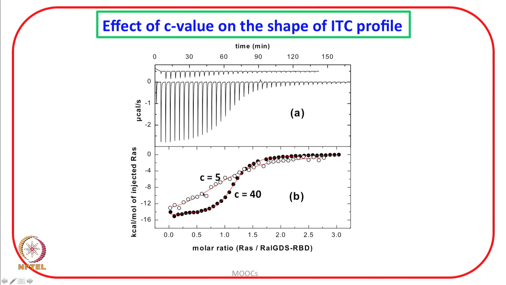So, we can clearly see the effect of increasing the value of C. But increasing the value of C comes at a cost. And what is that cost? That cost is the concentration of protein. The concentration of protein has to be increased.